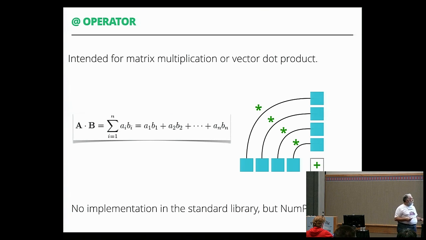So the idea is I have a vector here and another vector there, and the operation is to multiply the corresponding elements and then add the results together to produce a scalar result, right? So this is the math formula for doing that. It's interesting that the at operator was added in the language, but there is no part of the standard library so far that uses it.